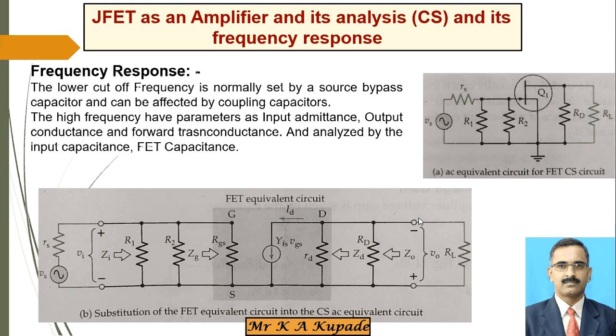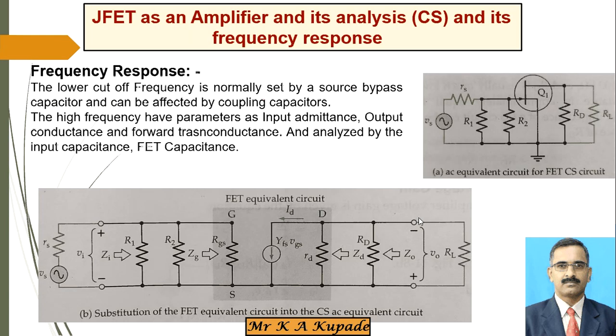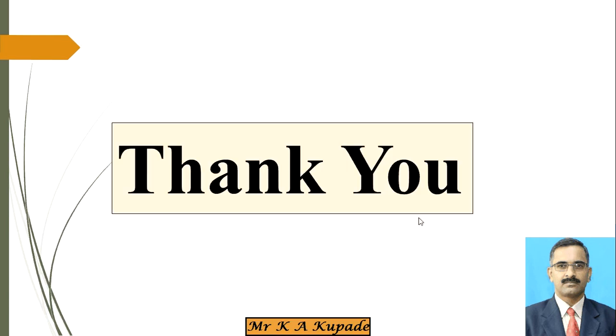That means the input capacitance, source capacitance, and drain capacitance are all considered for the frequency response of this JFET amplifier. So this is all about the JFET amplifier and its analysis and frequency response.